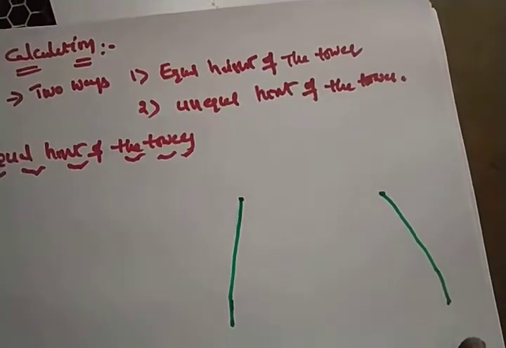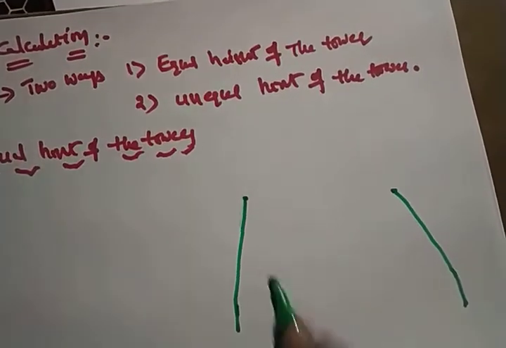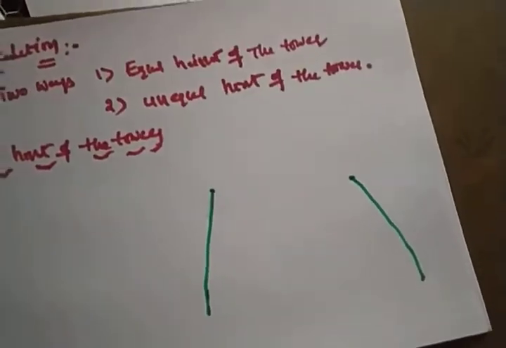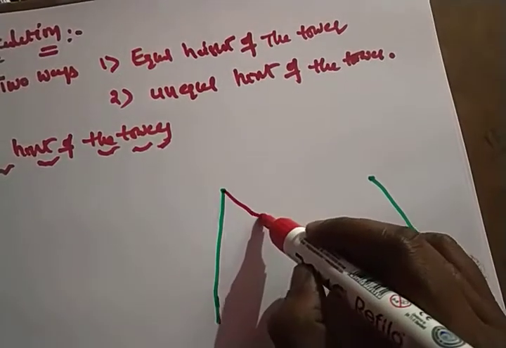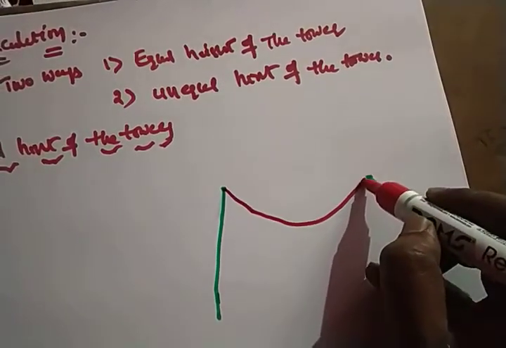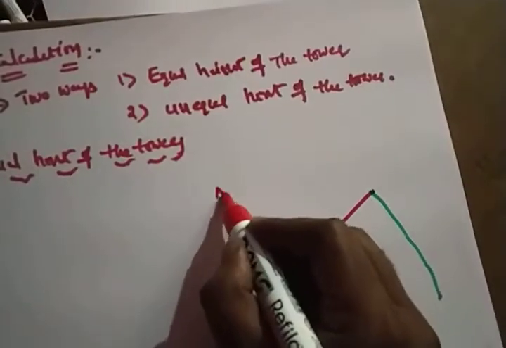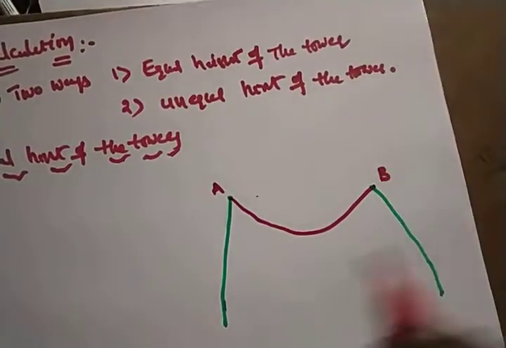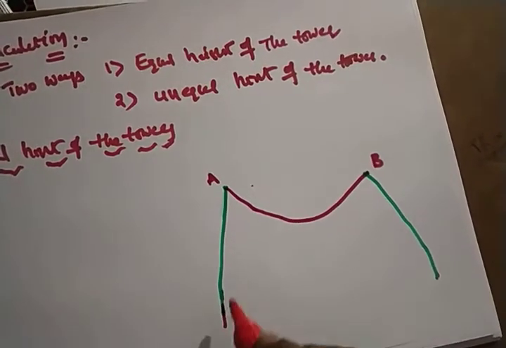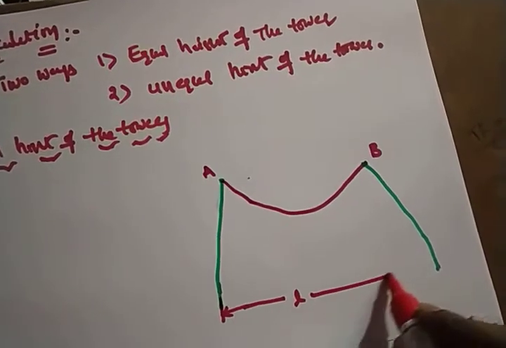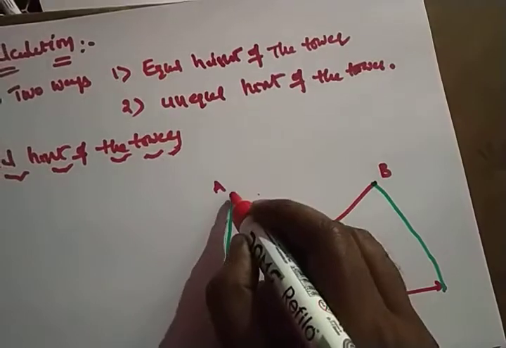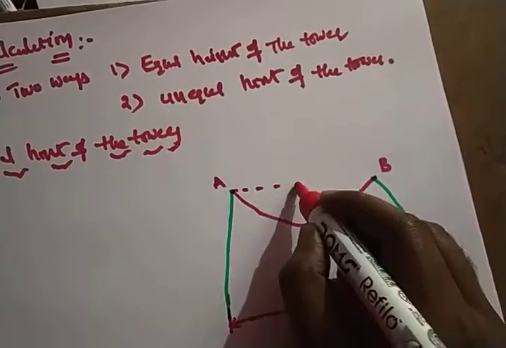I'm not that good at drawing. So this is a transmission line. These points are A and B. The total length we can call L. So the length of the transmission line is L.